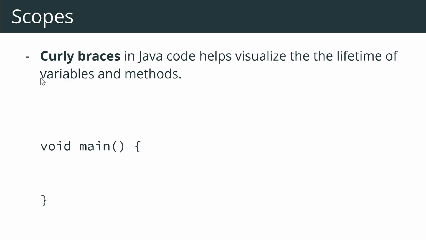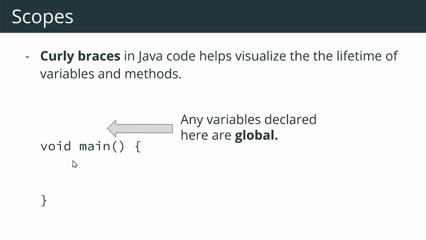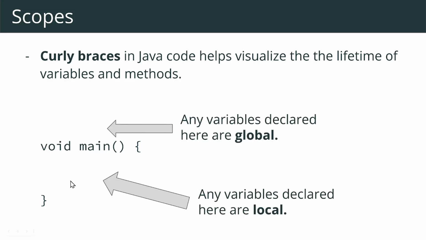For example, this main method, you might have wondered about these curly braces. Anything inside of the curly braces will live there. So if I were to declare any variables inside this main method, it would live there until the end of the curly brace. So when the program gets to the end of the curly brace, you can think of it as they get deleted, kind of.